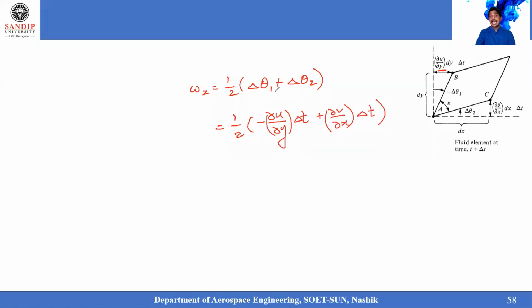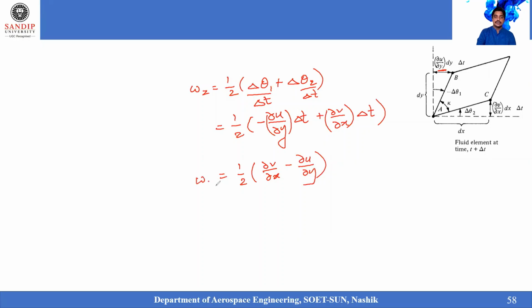But the angular rotation is the angle with respect to time, that is d theta by dt. So when we consider delta theta 1 by delta t, my expression for omega z becomes do v by do x minus do u by do y.